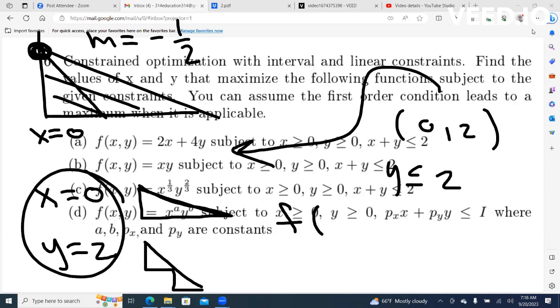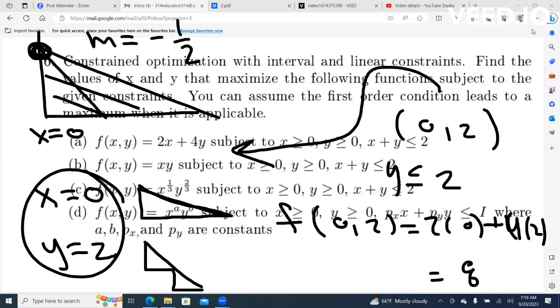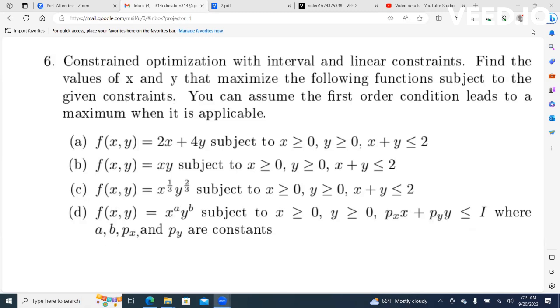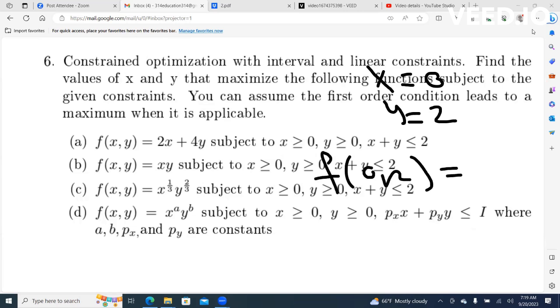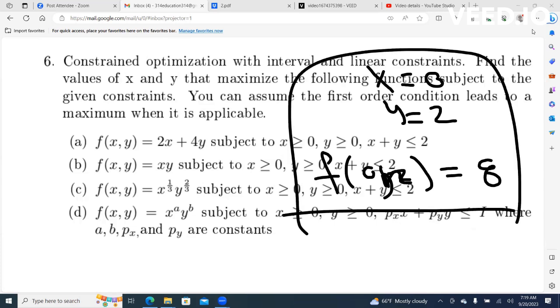And then f of (0, 2) equals 2 times 0 plus 4 times 2, which equals 8. So it is 8. We have x equals 0, y equals 2, and our max, f of (0, 2), equals 8. So A is just kind of a warm-up exercise.